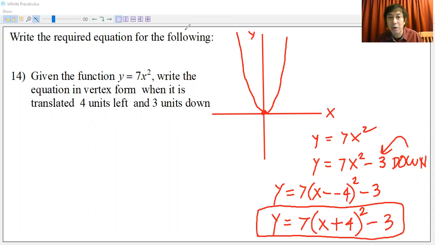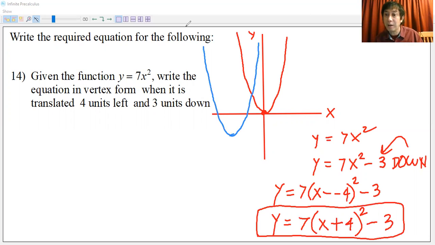It is now down by 3 and translated to the left by 4. So minus negative will become plus. And so the appearance of this curve, it will now be down by 3 and somewhere here, like that.